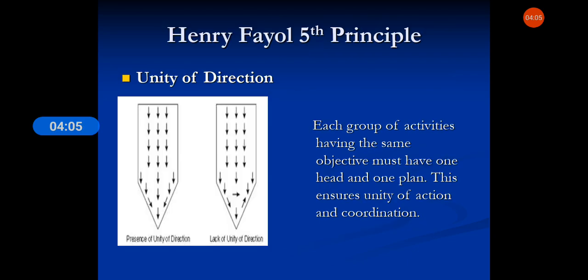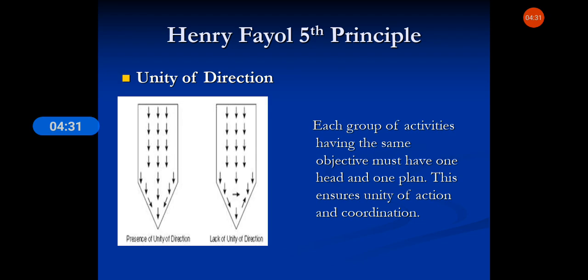The next principle is the principle of unity of direction. This means each group of activities having the same objective must have one head and one plan. This ensures unity of action and coordination. In the first diagram, there is a presence of unity of direction.